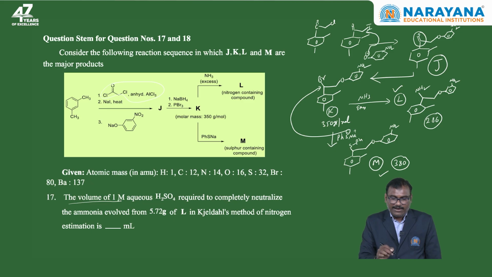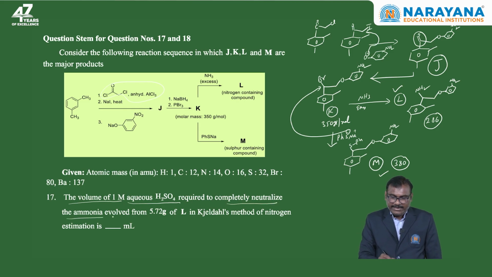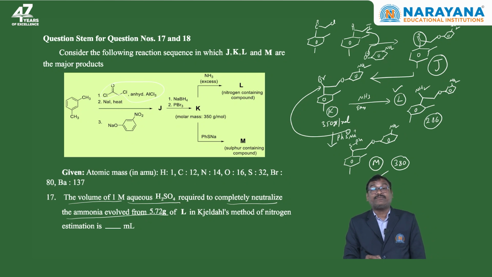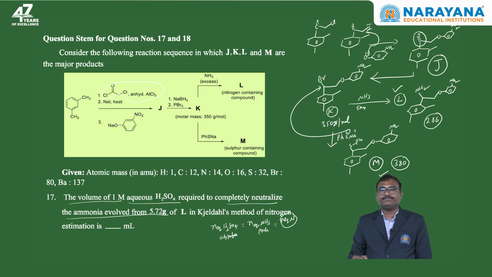The volume of 1 M aqueous H2SO4 required to completely neutralize ammonia evolved from 5.72 gram of L in the Kjeldahl method of estimation. You know the number of equivalents of H2SO4 absorbed is equal to the number of equivalents of ammonia produced, which is equal to the number of equivalents of nitrogen.